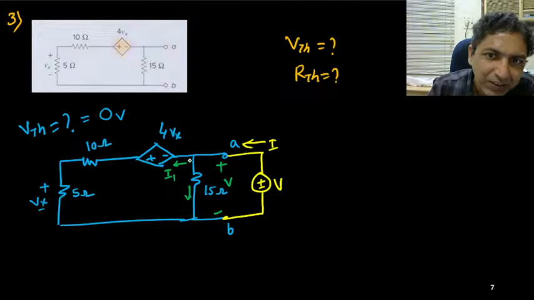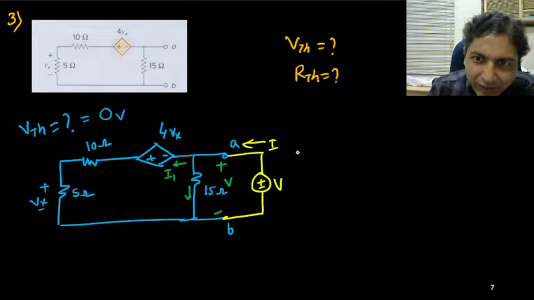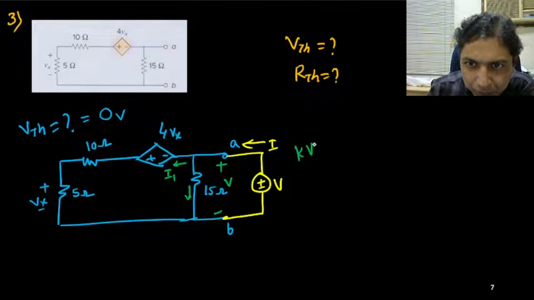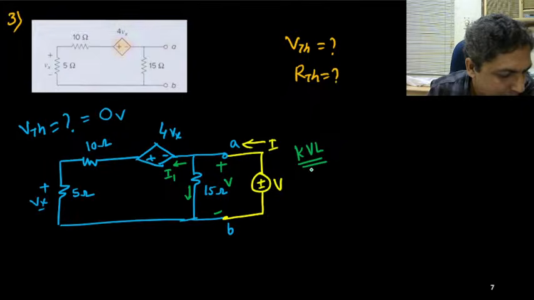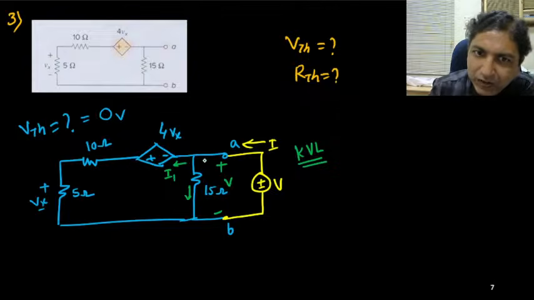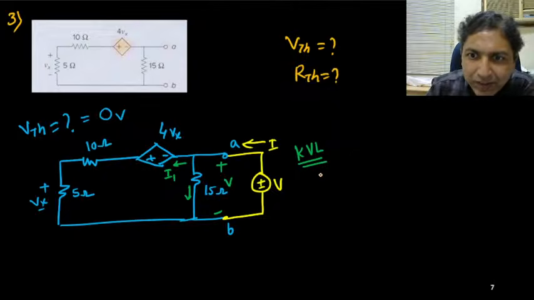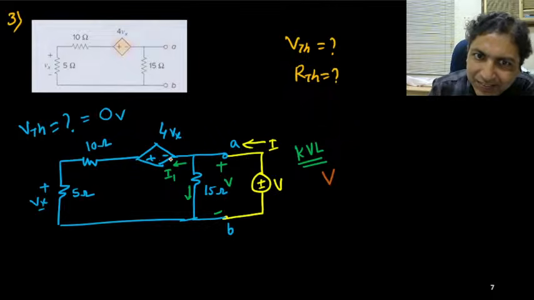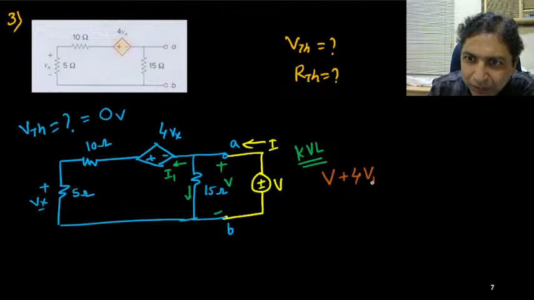Now, if I consider this total voltage, if I take KVL, can you take KVL here, this total loop? So this supply voltage V, same potential V. So that will be, okay, I am considering this one. The supply voltage is V, so minus plus is V. This is again minus plus, it is added, plus 4 Vx.